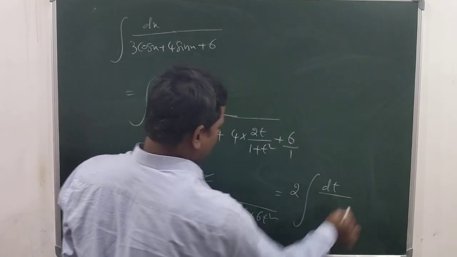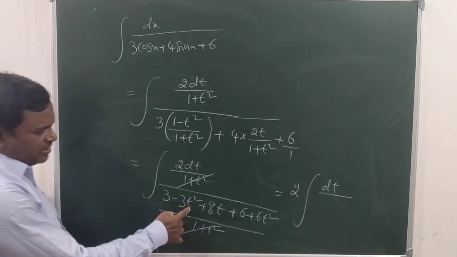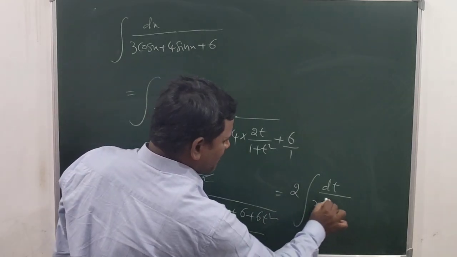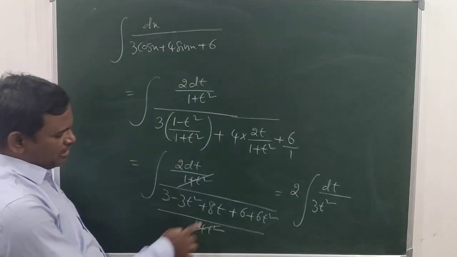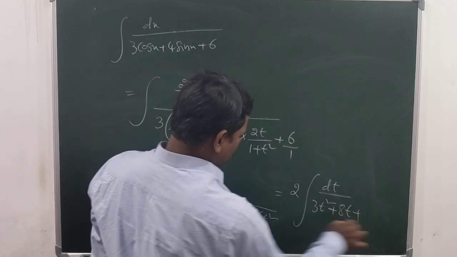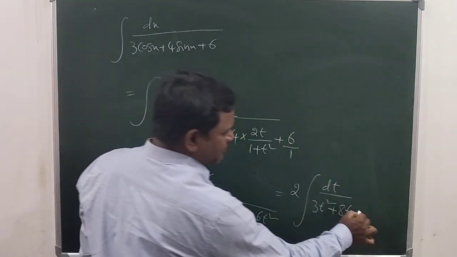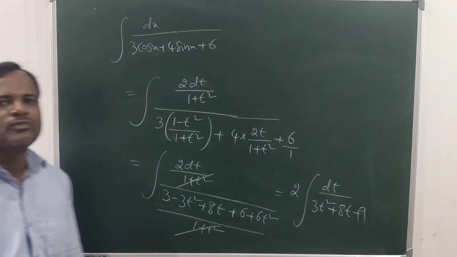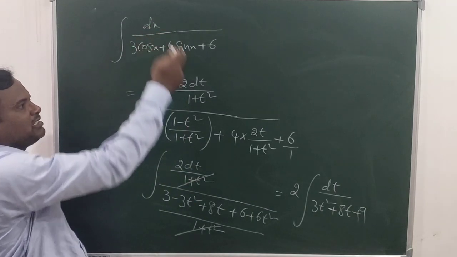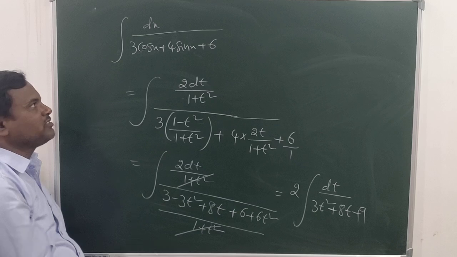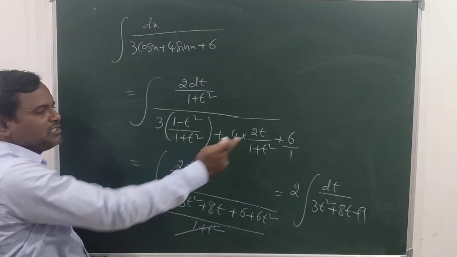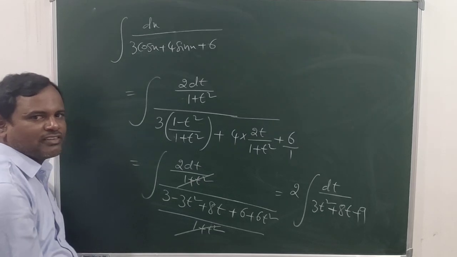Integral of dt by 6t square minus 3t square, 3t square, and this is 8t, plus 6 plus 3, 9. Here what I am doing, in the place of dx I wrote 2 dt by 1 plus t square. In the place of cos x and sin x, 1 minus t square by 1 plus t square and 2t by 1 plus t square.